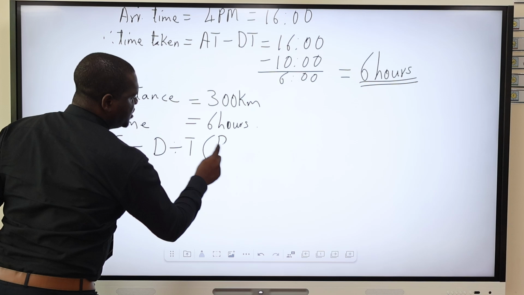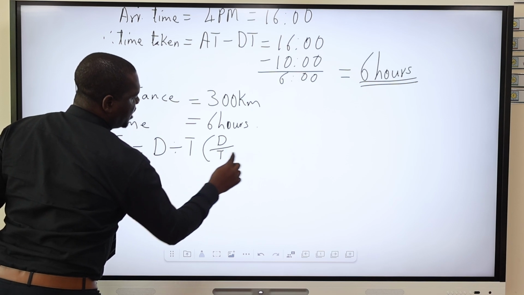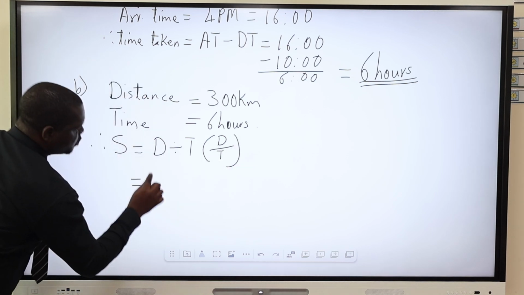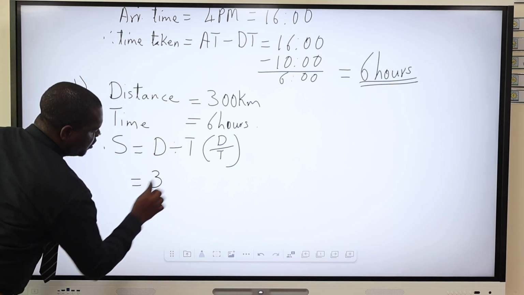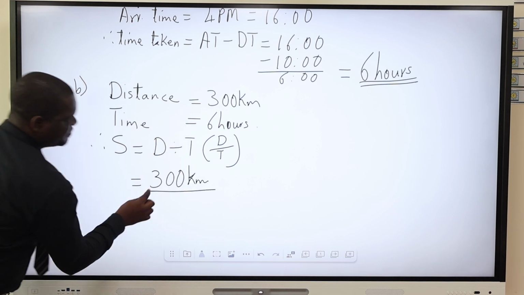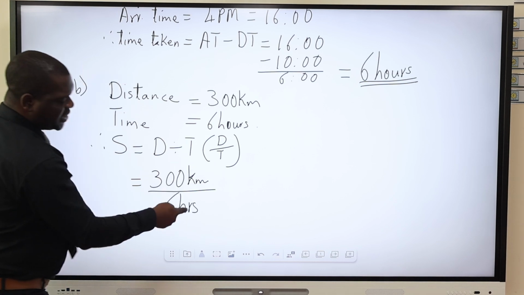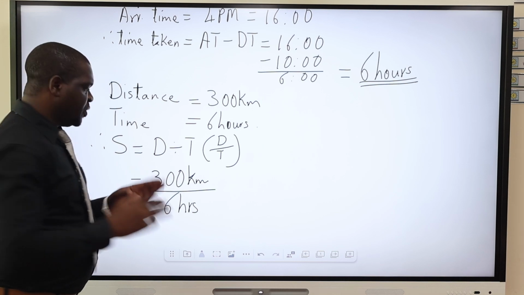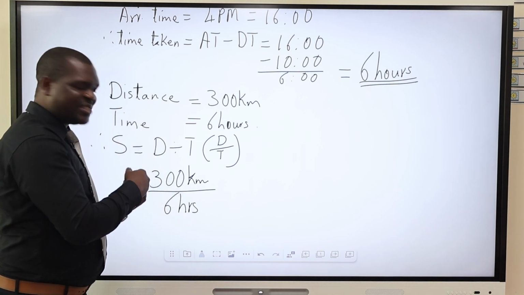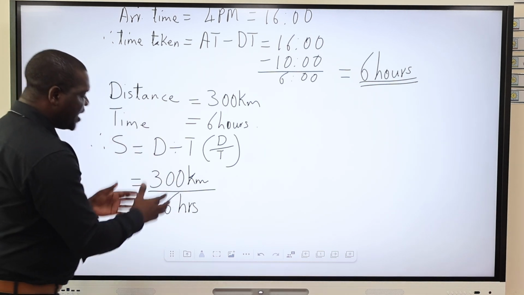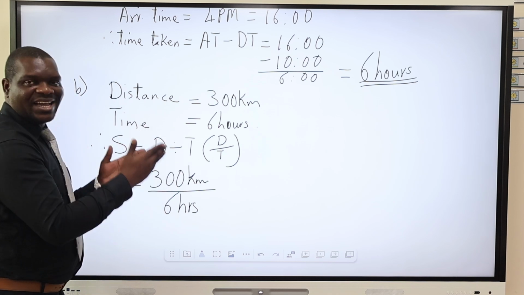Here we substitute. Our distance is 300 kilometers, and we divide this by 6 hours. Now you notice that kilometers and hours, nothing will simplify as we did in our previous lesson. And for this reason, our answer will bear kilometers and hours.